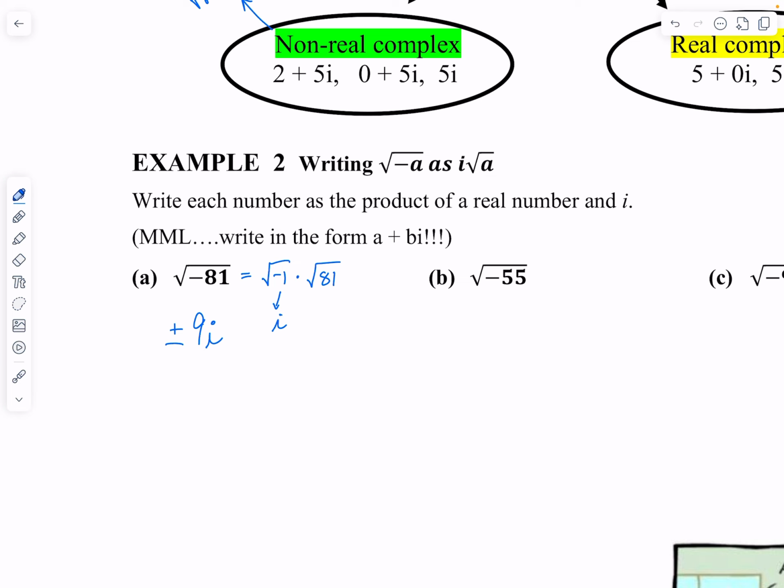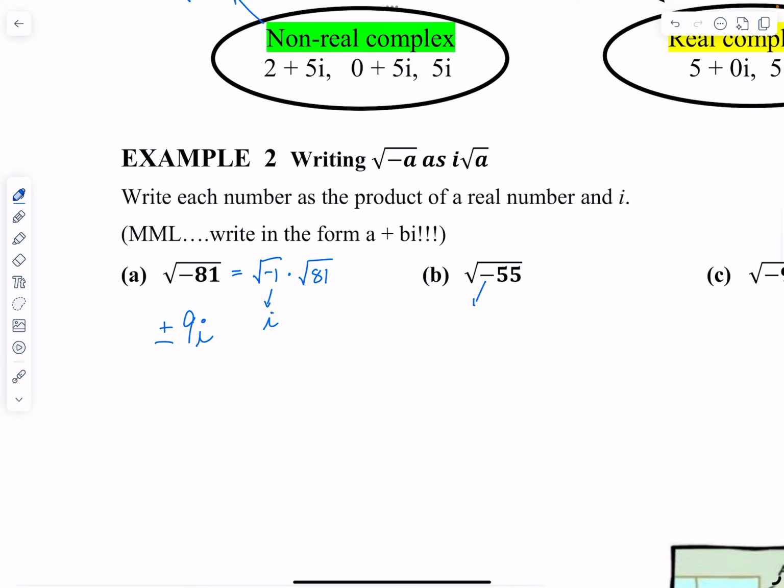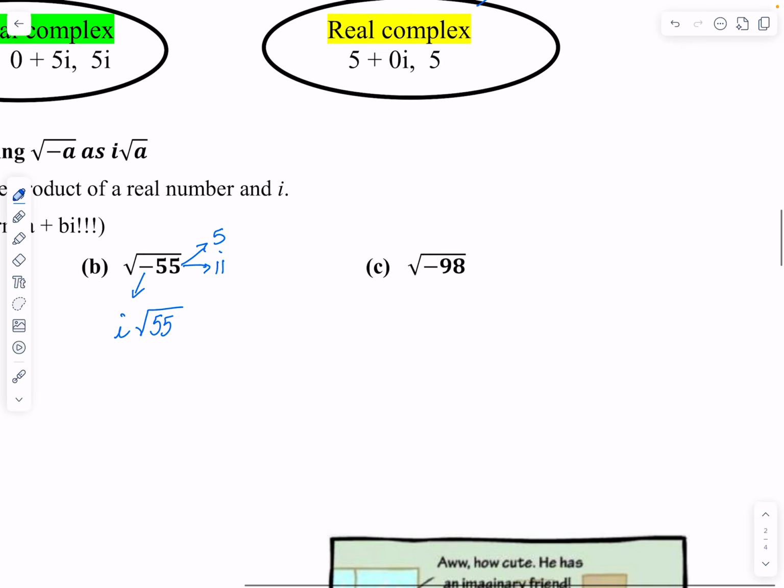Now this one, 55, again, this one's going to come out as an i, and the square root of 55, well, we have a problem because that's 5 times 11, and I can't take the square root of either of those, so that just stays under my house. All right, so it's just going to be i square root of 55. And then this one, I'm still going to have my i, right? But 98, I can split.